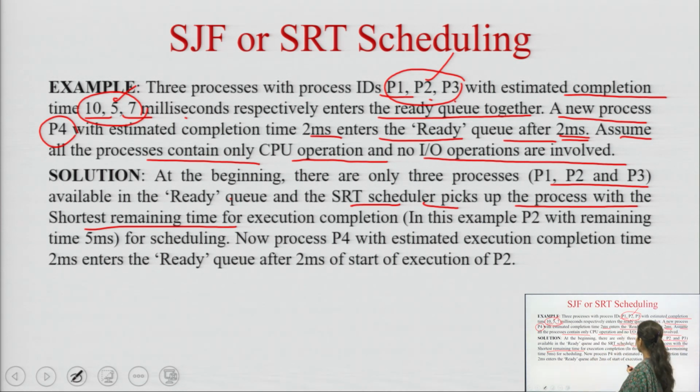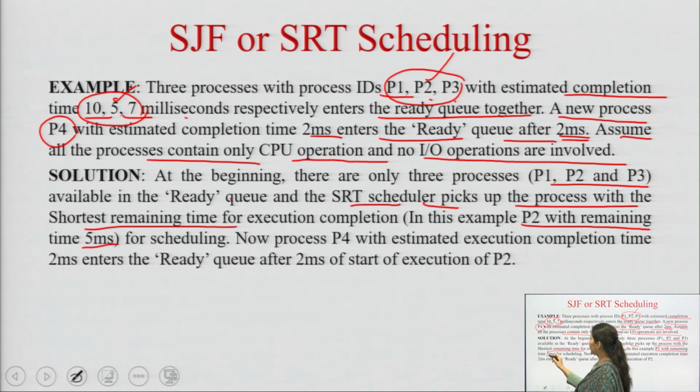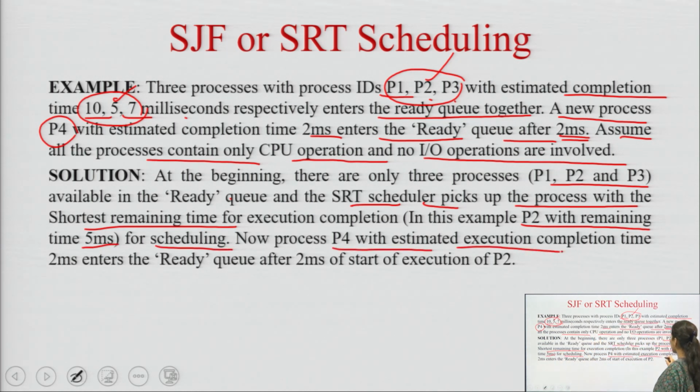Now, after executing, okay, so after the 2 milliseconds of execution of P2, in this example P2 with the remaining time 5 milliseconds for scheduling. Now, process P4 with estimated execution time, that is the 2 milliseconds, enters the ready queue after 2 milliseconds of the start of execution.